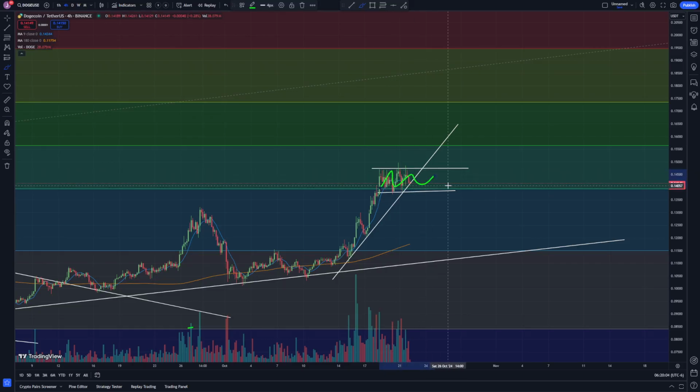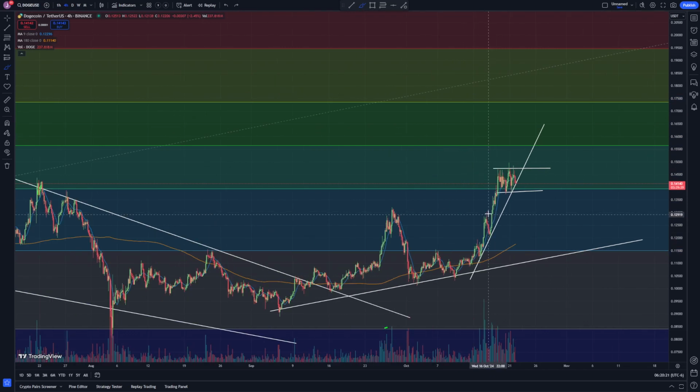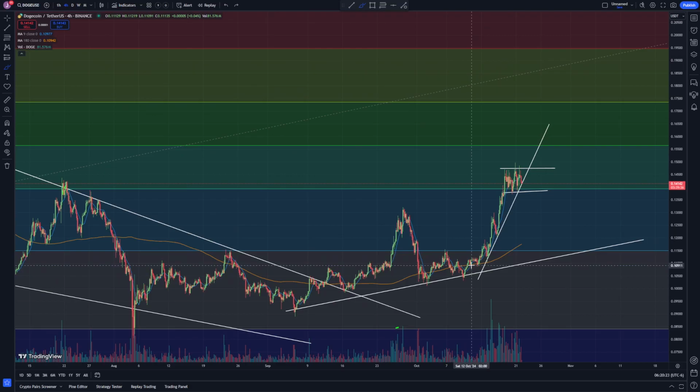Once we do break up or break down out of these two lines, then we can get a better idea. Are we going to continue to head up towards that target I was just talking about? Or are we going to come back down and maybe find support at this Fibonacci retracement level? I like watching the Fibonacci retracement levels because it gives you points to sell and points to buy back.